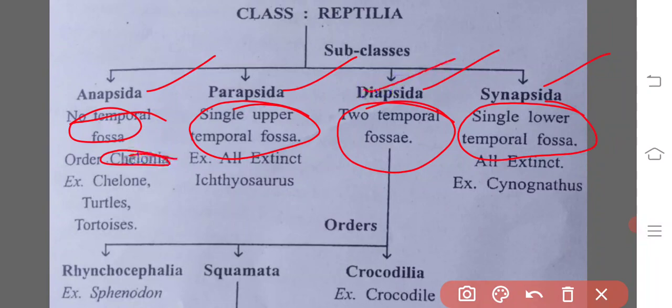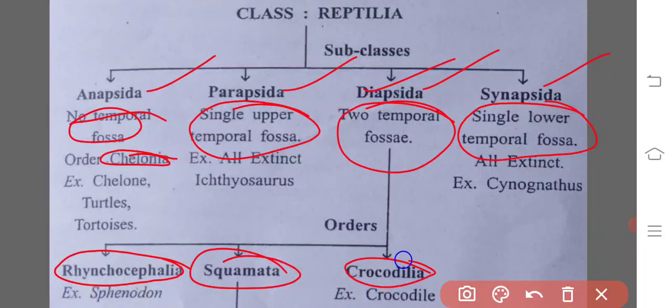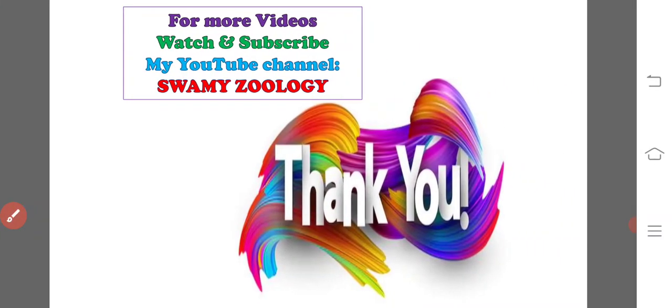Apart from the diapsida, the living orders are Rhynchocephalia, Squamata and Crocodilia. Squamata is again divided into suborders like Lacertilia and Ophidia. So these all are the temporal fossae and their classification based on the temporal fossae. Thank you one and all.